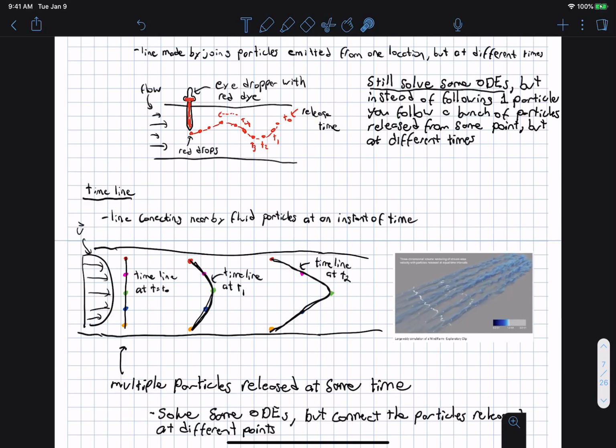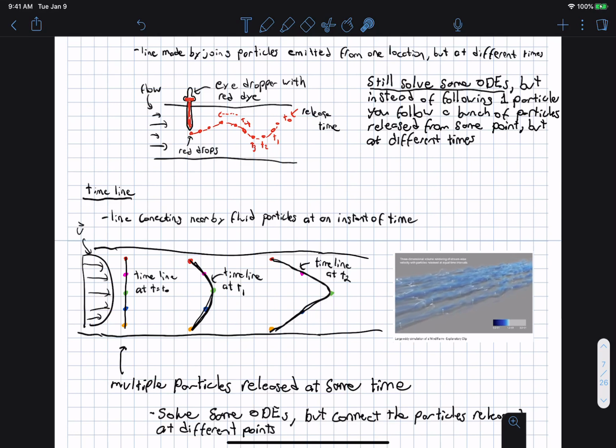It just is dependent, and so the difference between pathlines, streaklines, and timelines basically revolves around where we release the particles, how many particles we release, and then how we plot them. For a pathline, you plot the position as a function of time for one particle.